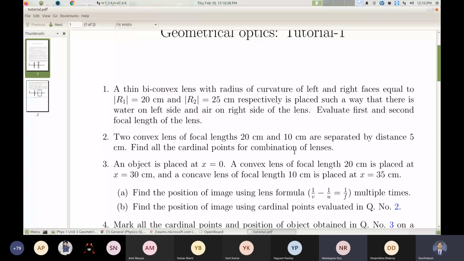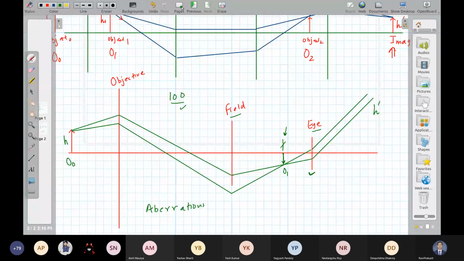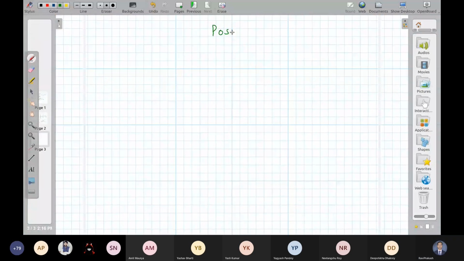Sir, can you please explain the procedure for finding all the cardinal points for the combination of lenses, especially the nodal points, sir? So theory says, for a particular case we are going to discuss here, for a pair of lenses, we derive three or four numbers.